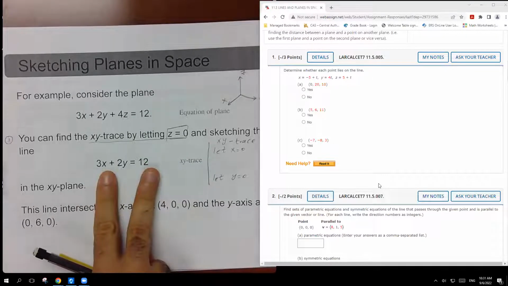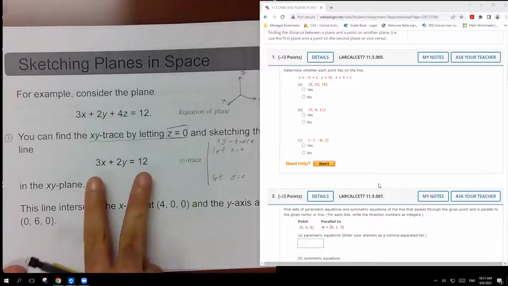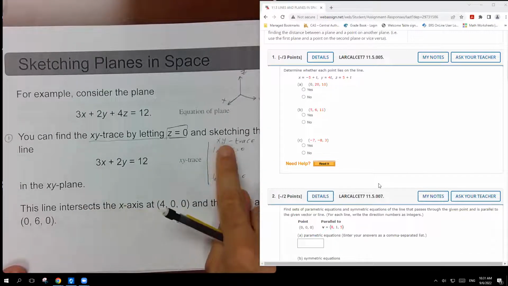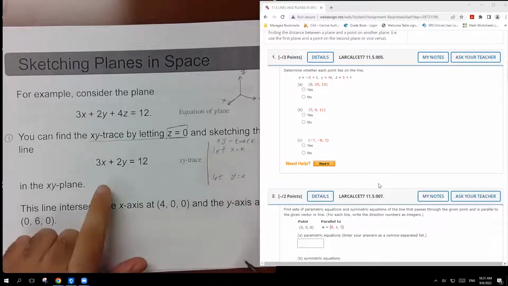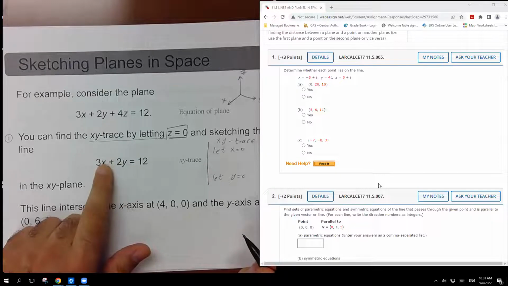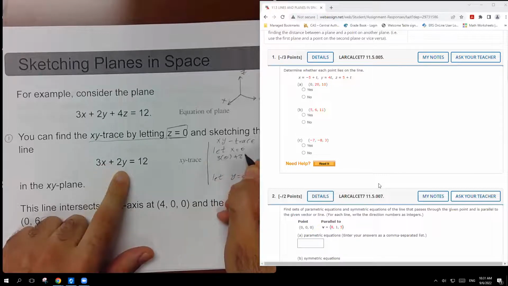Here is the XY trace. Now I'm just working on the XY trace. How are we going to graph this one? We're going to let X equal 0 to find the Y. That means I'm going to plug in X equals 0 here. So 3 times 0 plus 2y equals 12. This one is 0, so y is going to be 12 divided by 2, which is 6.